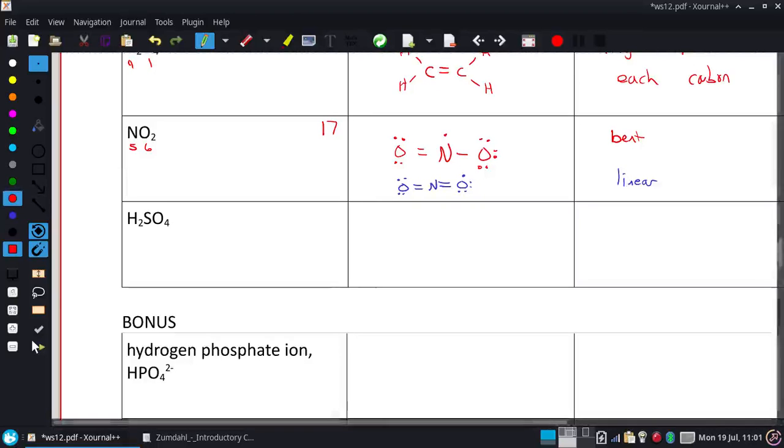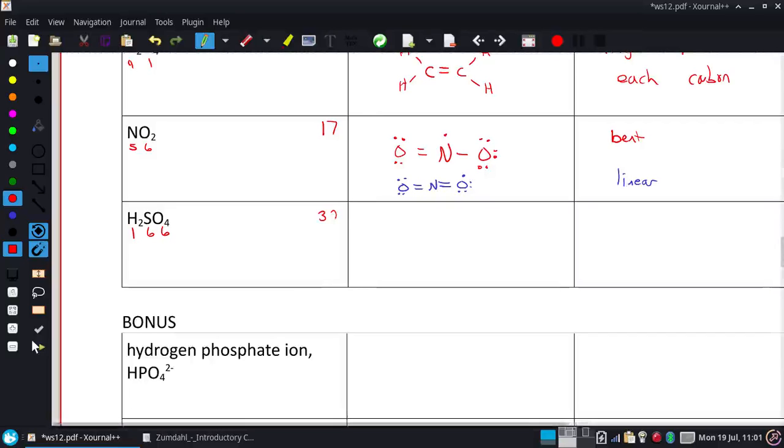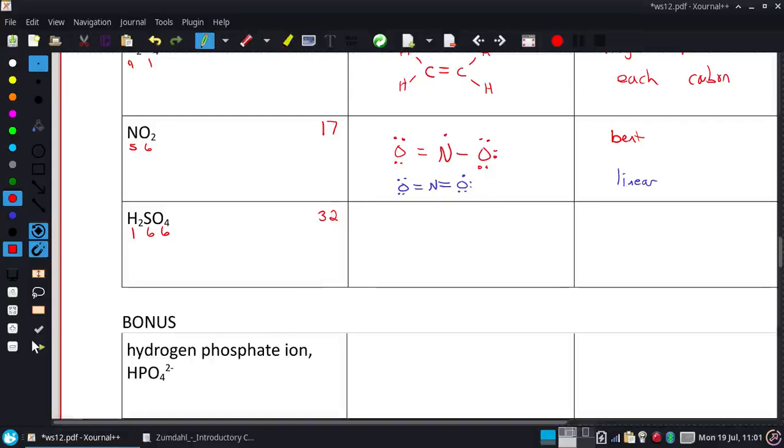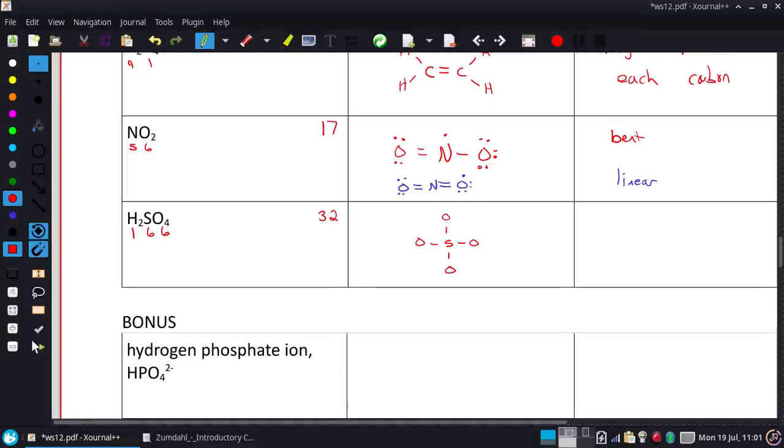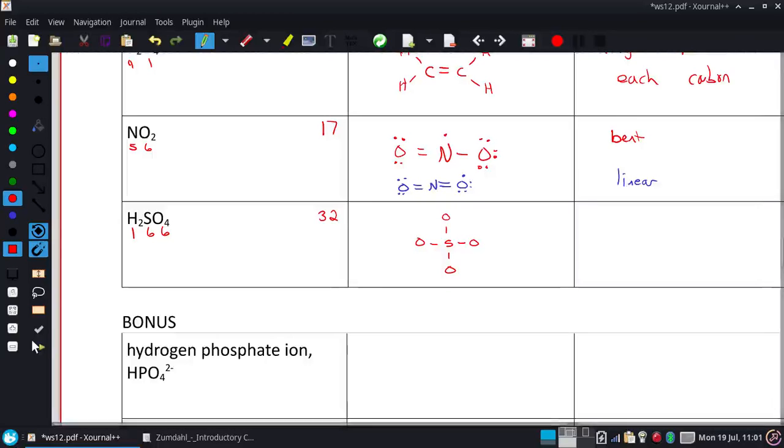Okay, H2SO4. Hydrogen has one valence electron, and sulfur and oxygen have 6 and 6. So let's see, that's 32 valence electrons. So it's a polyatomic ion, the SO4 is. So I'm going to do that with the S in the middle, and I'll do O, O, O, O. And the two hydrogens I'm going to attach to two different oxygens.